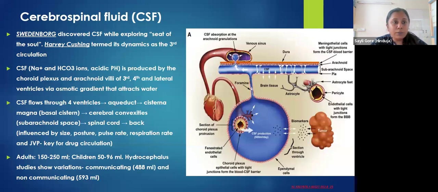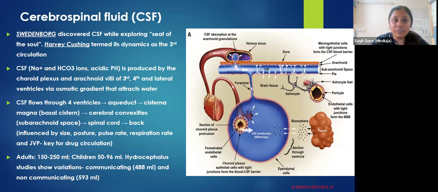Emanuel Swedenborg was a Swedish scientist in the 18th century who wrote a lot about the brain and the nervous system. During his research on the central nervous system, he termed it the seat of the soul.